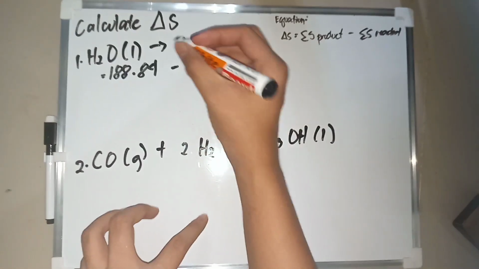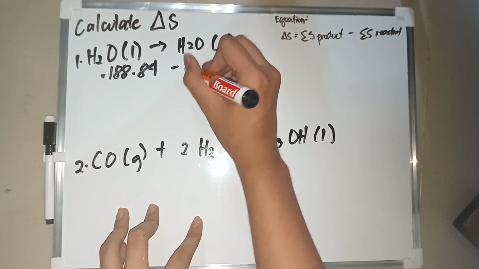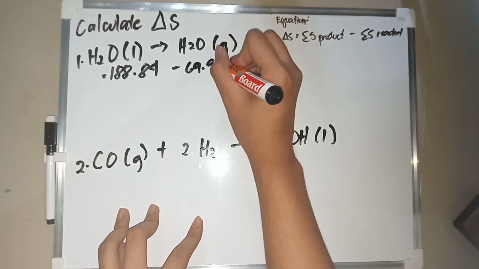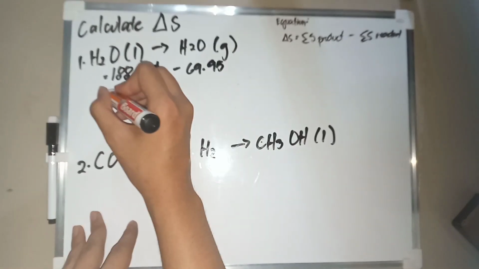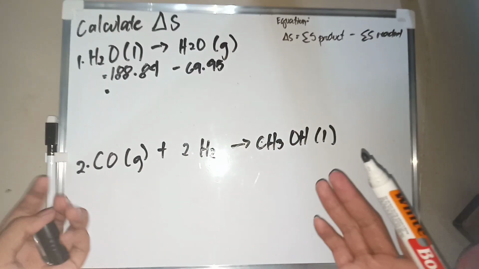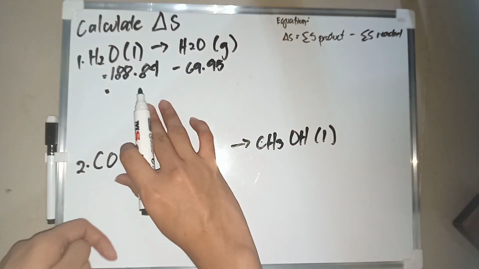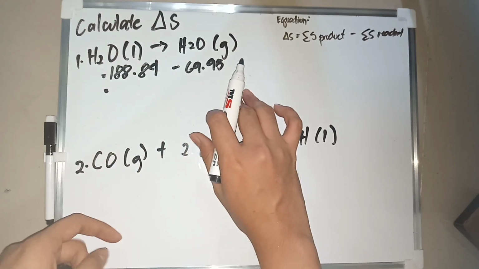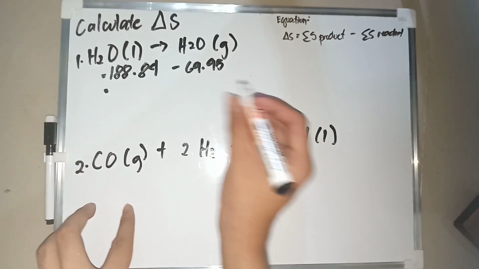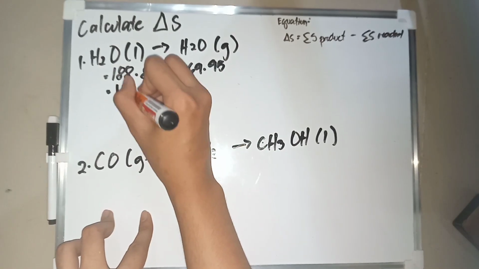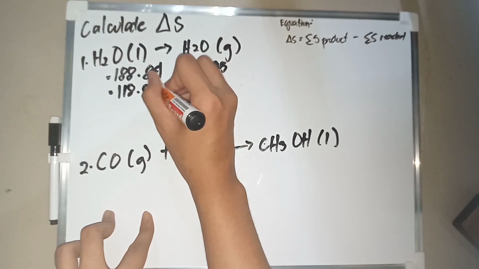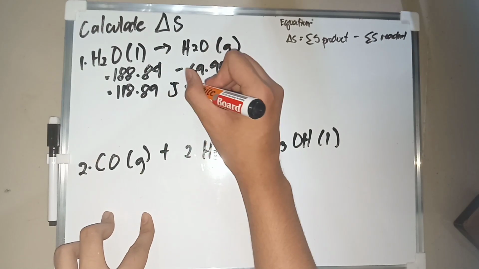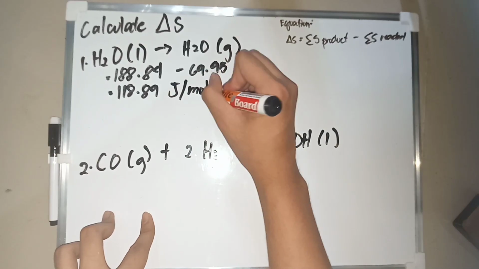In our chart, the value is 69.95. Pretty easy, we're just gonna subtract: 188.84 minus 69.95 is equal to 118.89 joules per mole Kelvin.